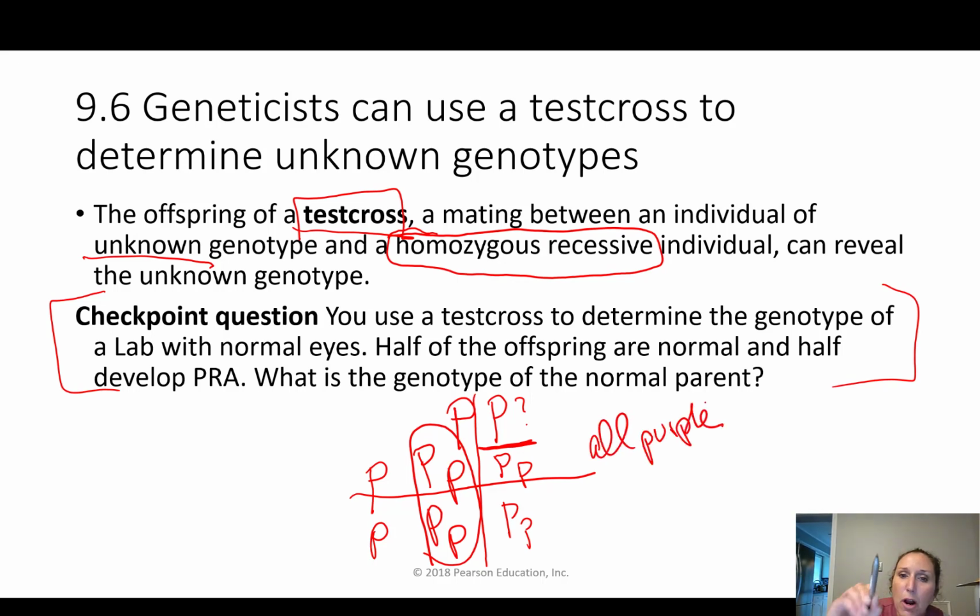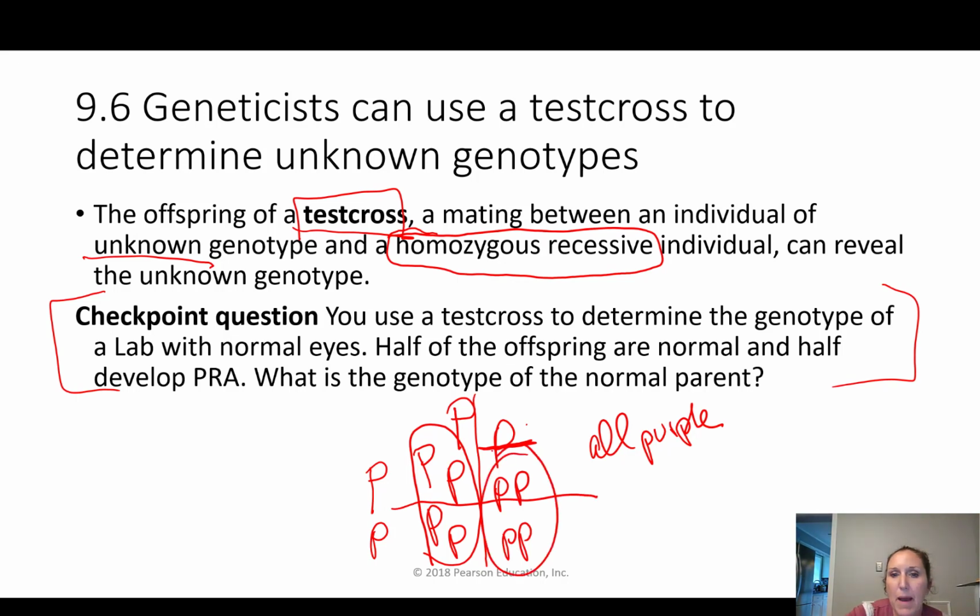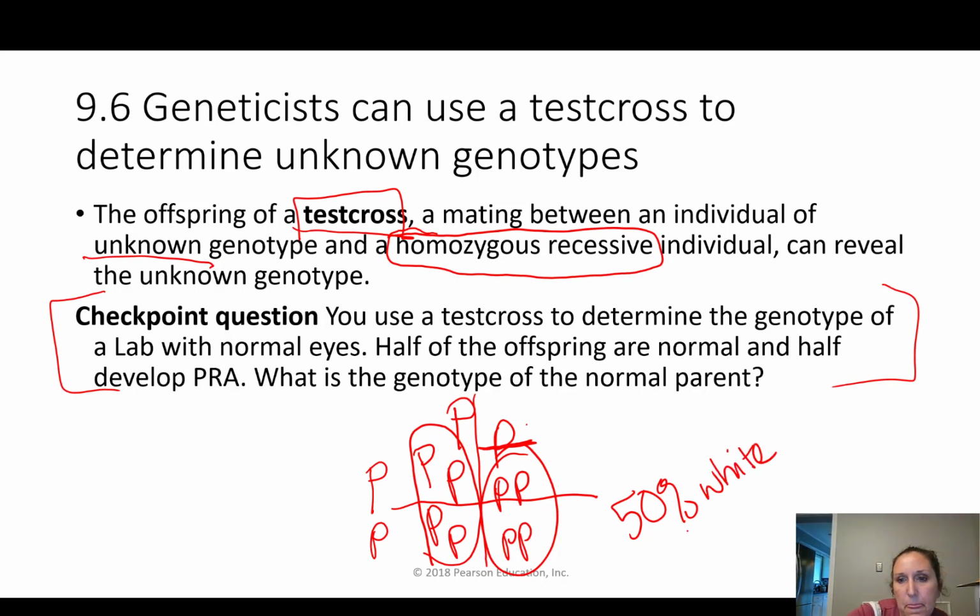However, let's erase this right here. If this is a little p, then we should expect to get 50% or thereabout to be white and 50% to be purple. All right?